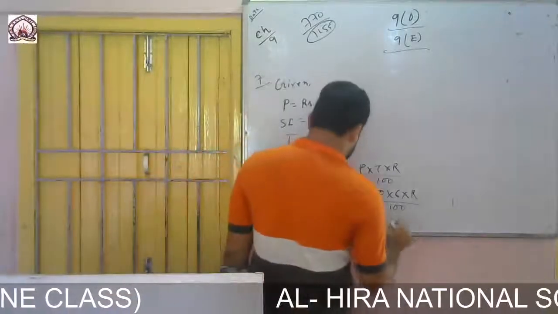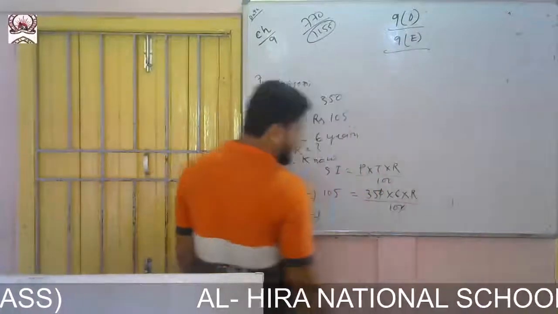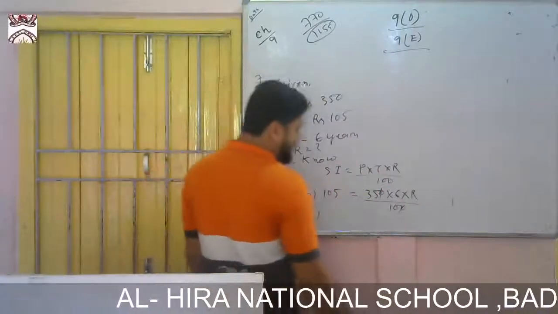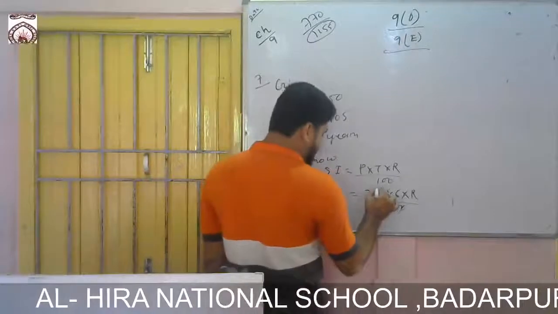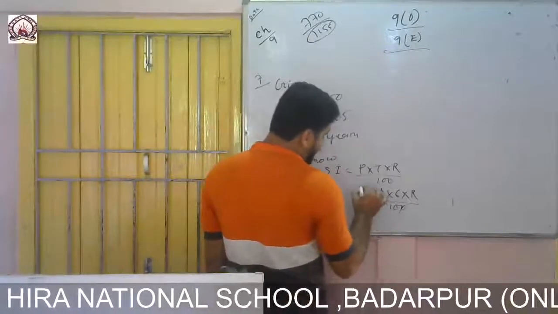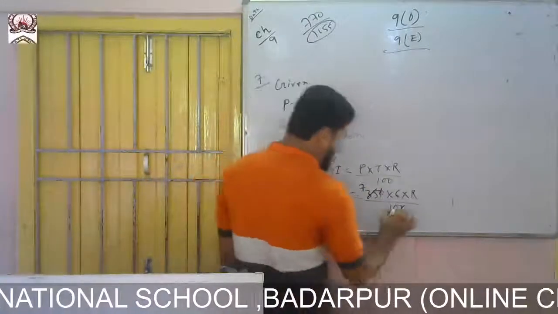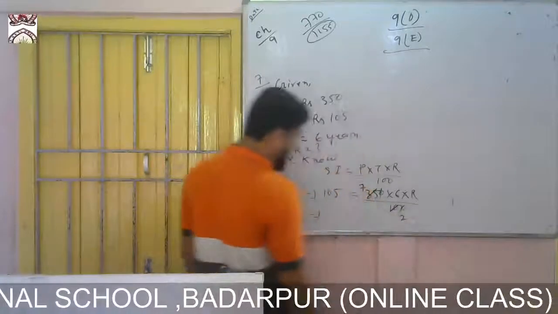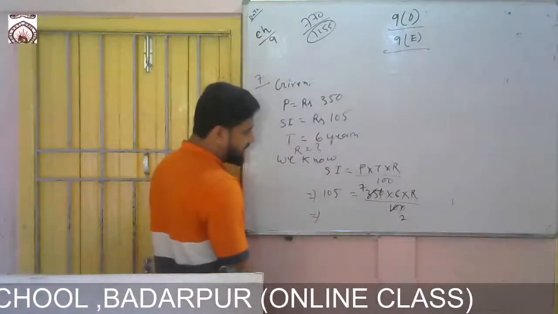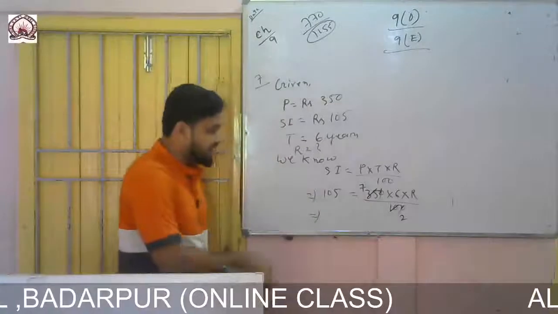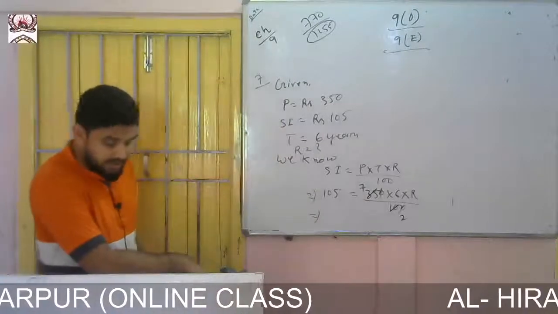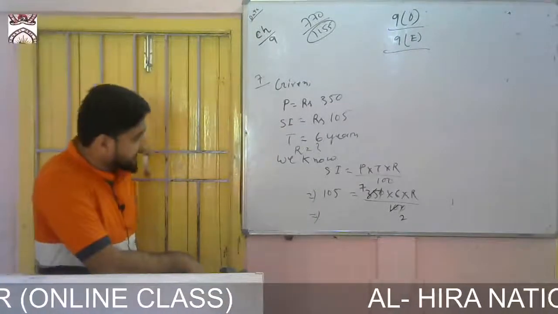Now you can cancel the zeros. 5 sevens are 35 and 5 twos are 10.